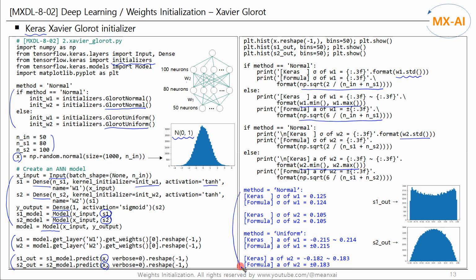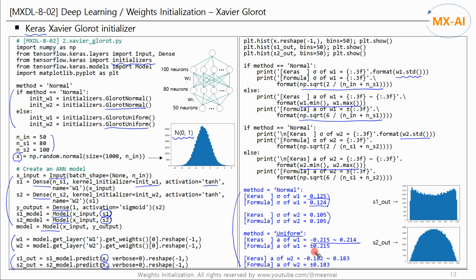Let's check the results. When using a normal distribution, the standard deviation of W1 calculated by Keras is 0.125, and the standard deviation calculated by the formula is 0.124. The two results are similar. The two results are the same for W2. When using the uniform distribution, the W1 initialized by Keras are in this range.